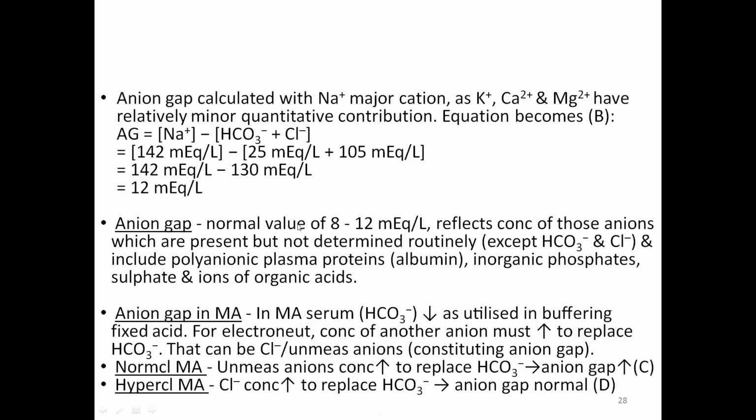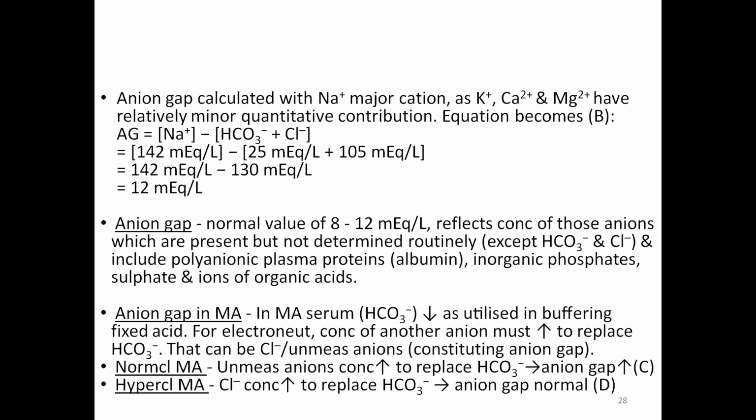Now I told you the normal value of the anion gap is 8 to 12 milliequivalent per liter. So we have a cutoff of 12 milliequivalent per liter to classify metabolic acidosis as either high anion gap metabolic acidosis or normal anion gap metabolic acidosis.